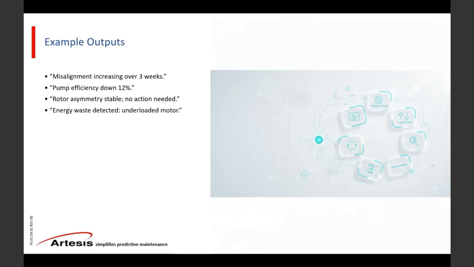Rotor issues: it looks stable, but keep monitoring. There is no immediate action needed, that type of information. Energy waste identified: the motor appears to be underloaded, meaning that there is an optimization opportunity, so you can actually correct this.